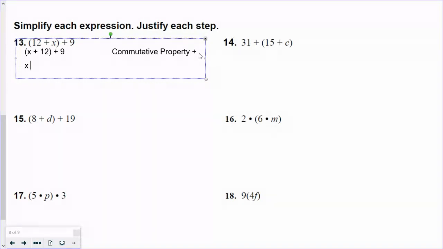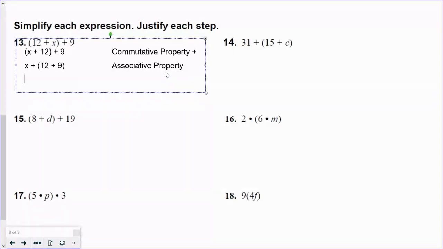So the way I'm going to do that now, I am going to group using my associative property, my number values. And obviously, because we started with addition, we're still going to keep that addition. Next, I'm going to combine. So what is 12 plus 9? 21. And my justification for that one is that I simplified.